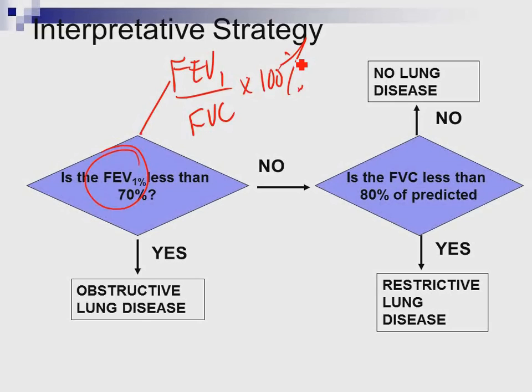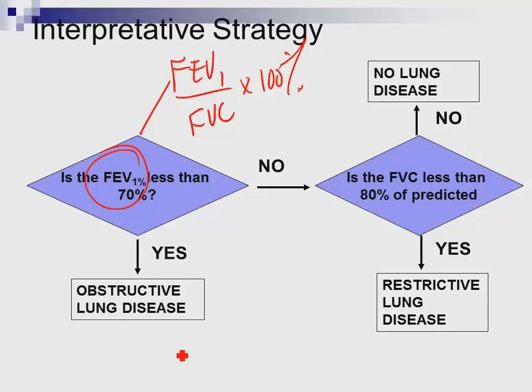If it's greater than 70%, let me rephrase that. If it's less than 70%, I have an obstructive disease. End of the investigation. Check, please. I'm out of here. Okay? In all obstructive diseases, with the exception of asthma, because asthma is episodic.